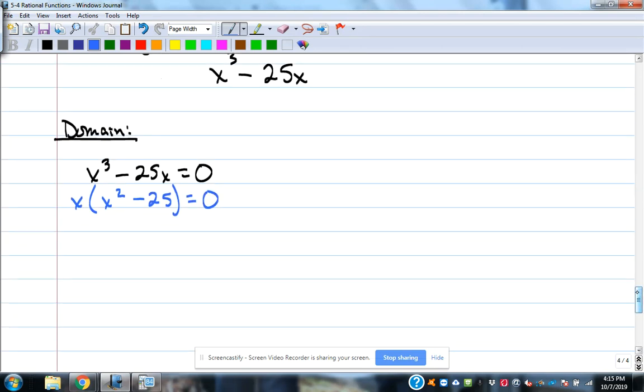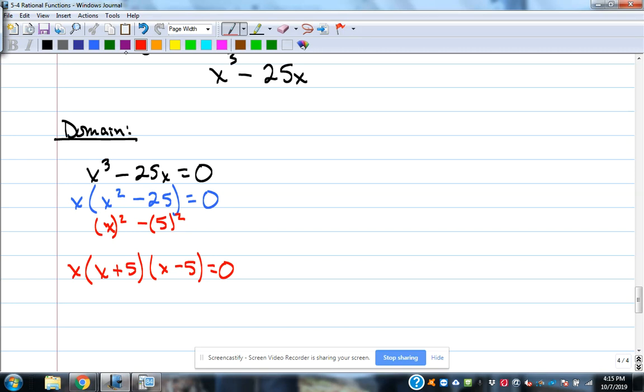And then I know x squared minus 25 is a difference of squares, because that's x squared minus 5 squared. So that would be x plus 5, x minus 5. Those are the 3 factors for the denominator.